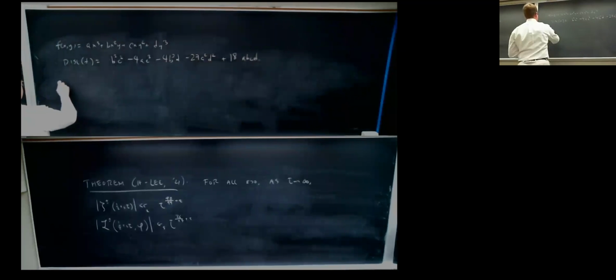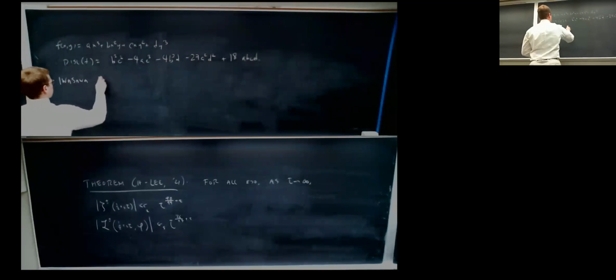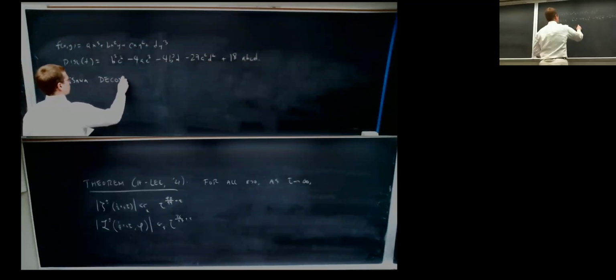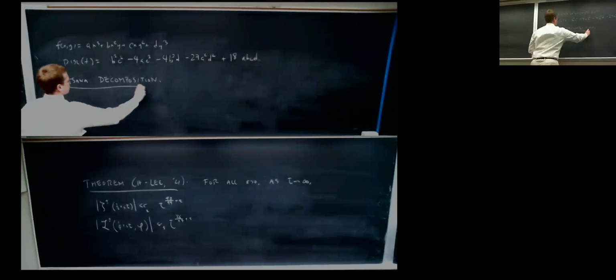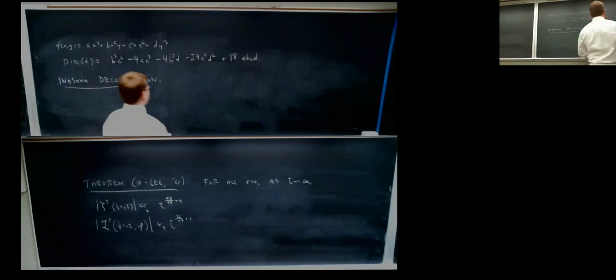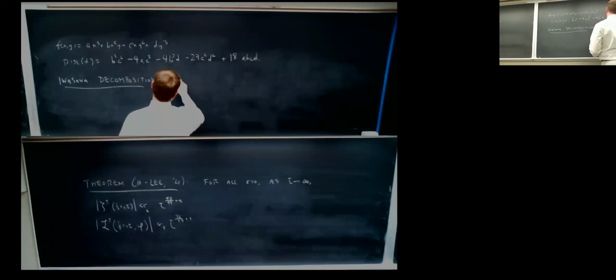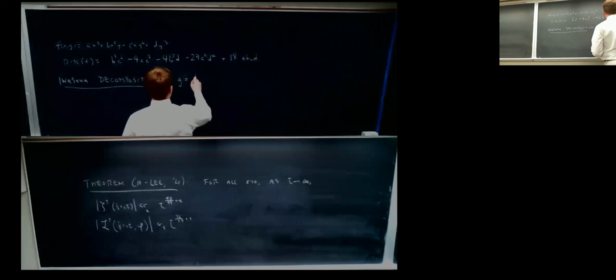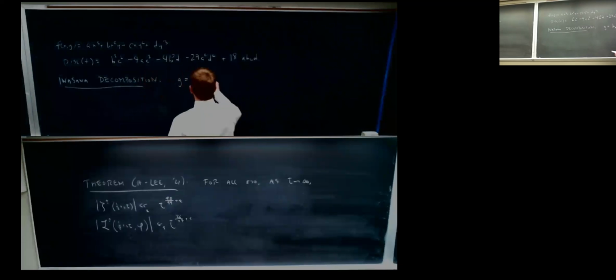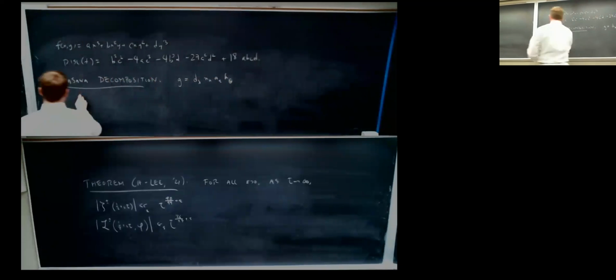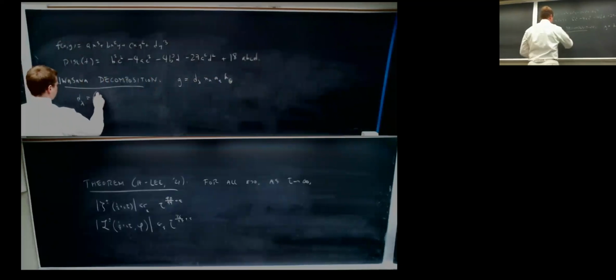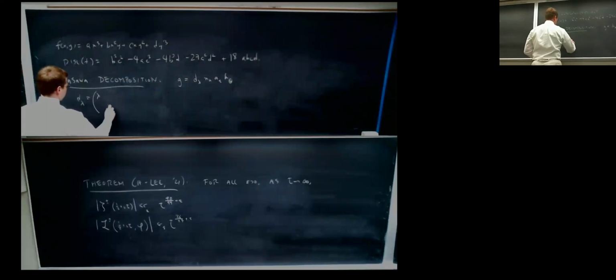This factor is a matrix in GL2(R), and G is equal to n(u) a(t) k(theta), where lambda is equal to a multiple of the identity.